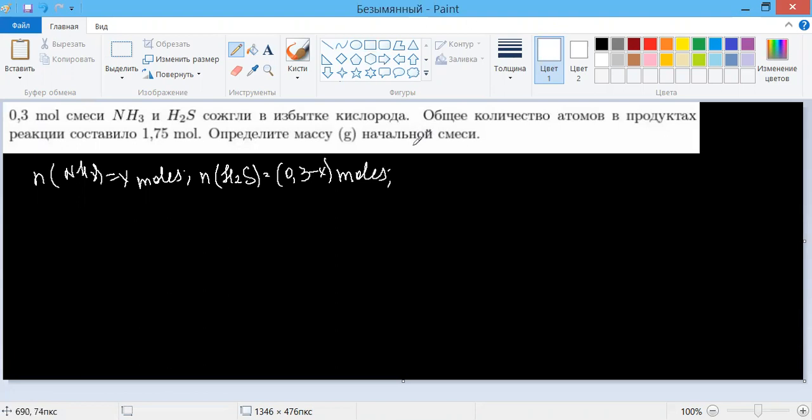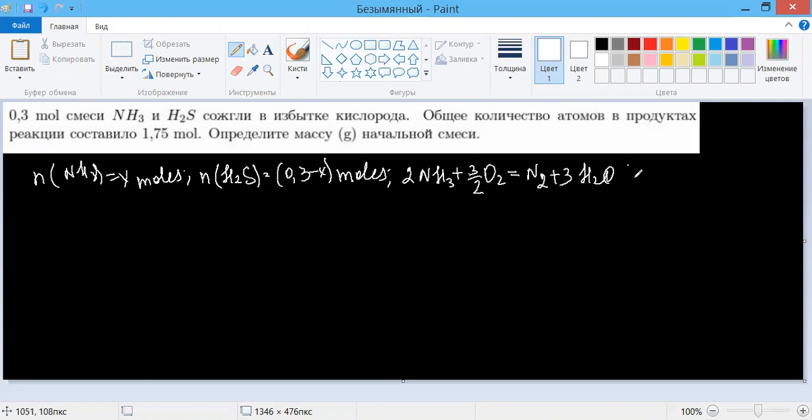Then, what can we do? We can write the scheme of the first reaction. So 2NH3 plus 1.5 O2 yields molecular nitrogen, N2, and 3 moles of water vapor.